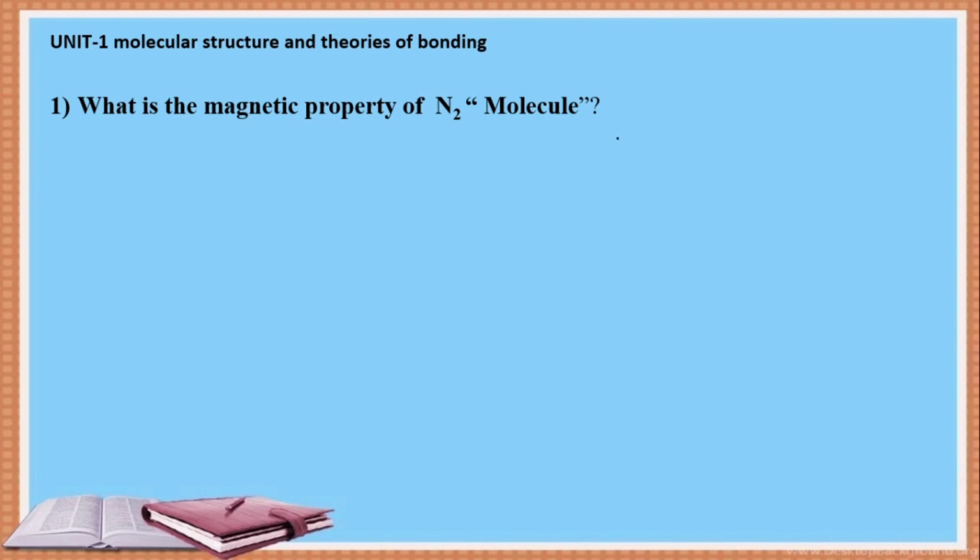Generally, the N2 molecule's magnetic property is diamagnetic. Because here in the 2p level, students, you can see this is the 2p molecular orbital.